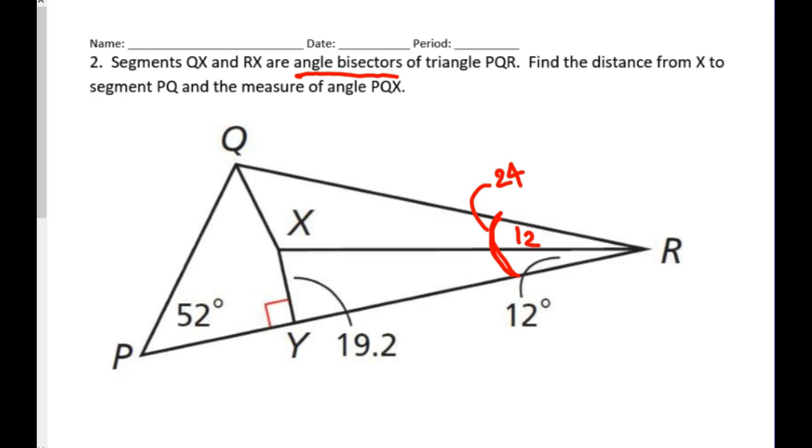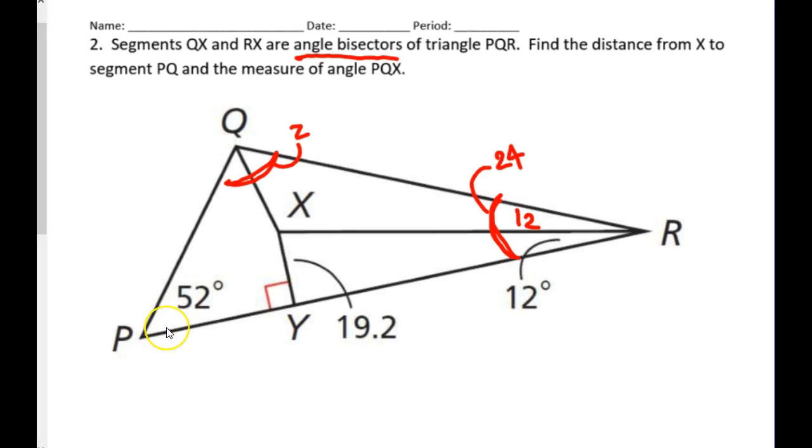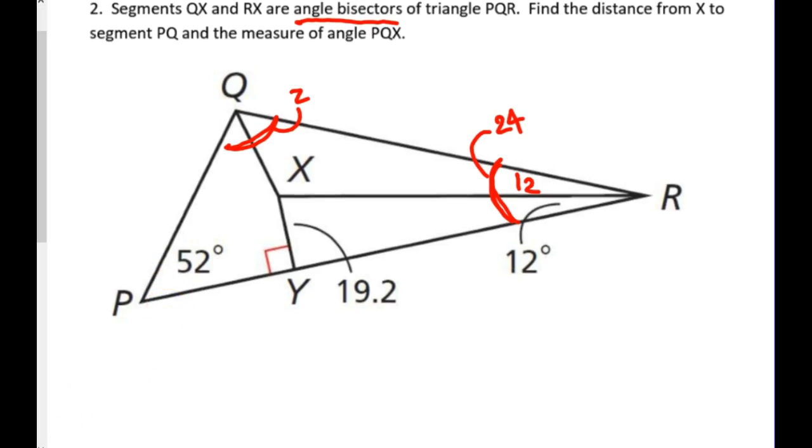I can find my missing angle because they add up to 180. So this angle over here, let's label it. I'm going to give it the variable Z, only because X and Y are taken on the picture. And I'm going to set up an equation. So here we go. 24 plus 52 plus my missing angle Z has to equal 180.